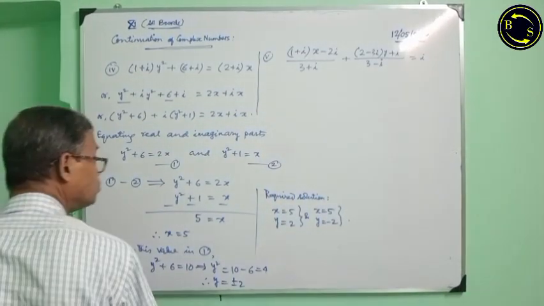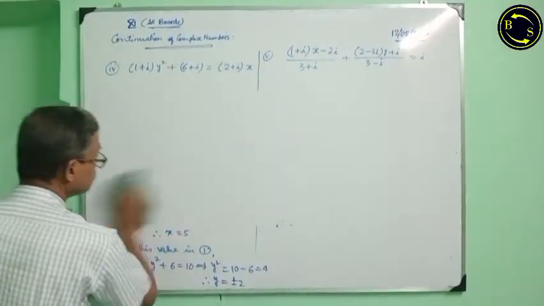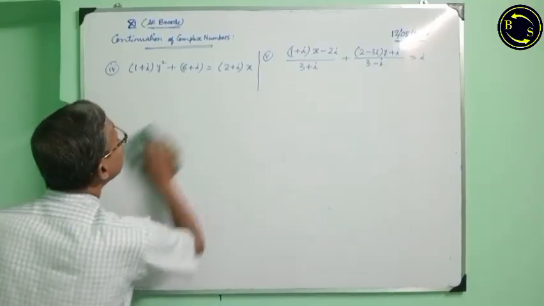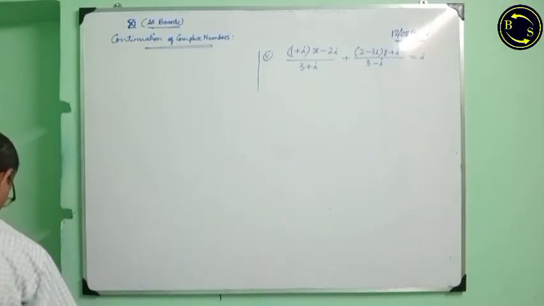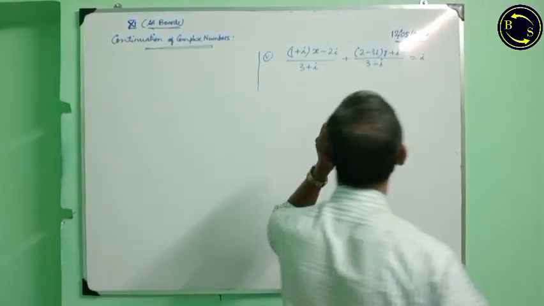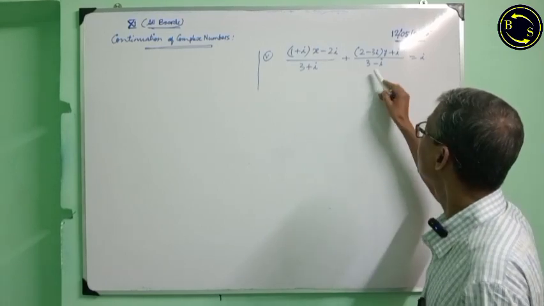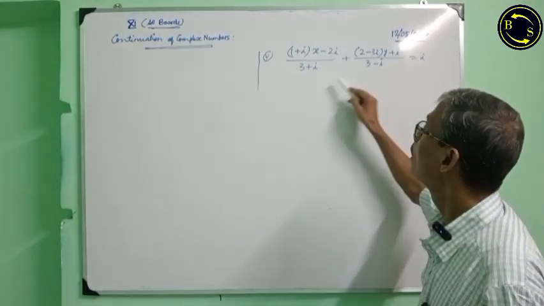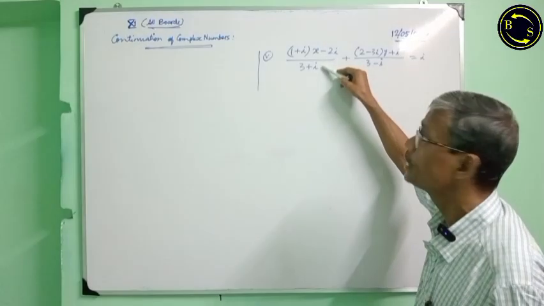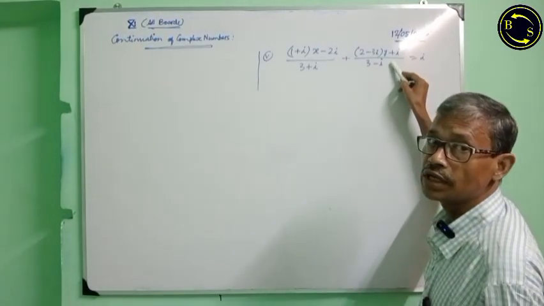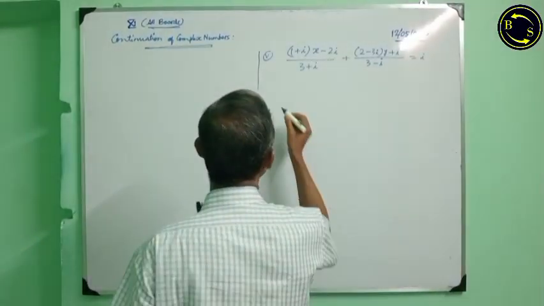Let me draw. 3 plus i at the denominator in the first fraction. In the second fraction it is 3 minus i. We multiply both numerator and denominator, in this case 3 minus i, in this case 3 plus i. Or just we add normal addition of fractions.